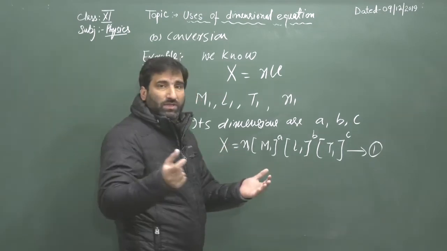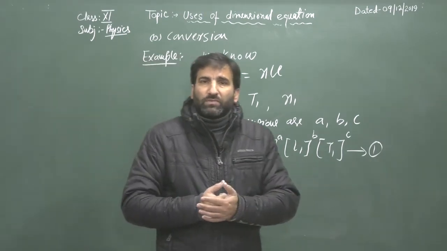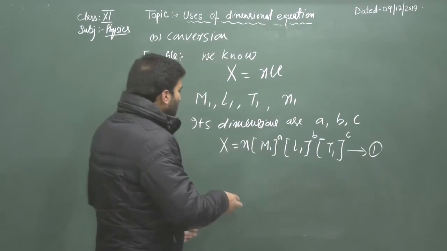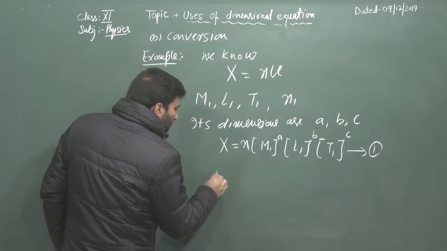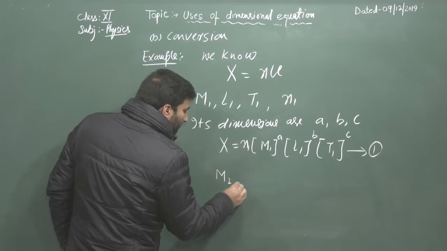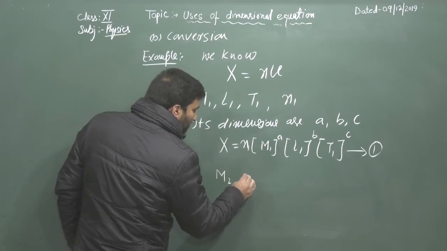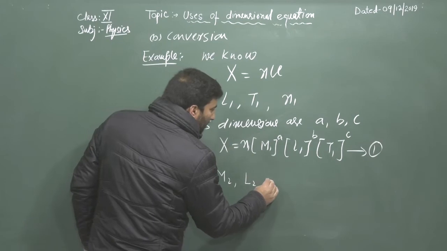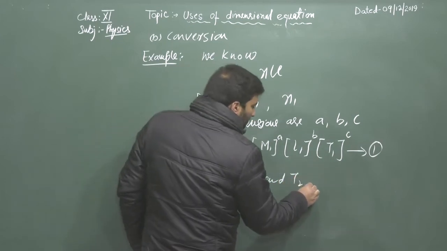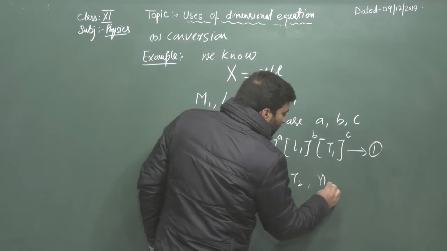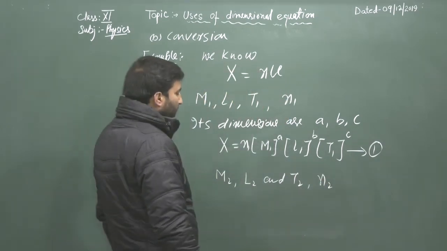Now similarly in the second unit system, let the dimension of mass be m2, the dimension of length be L2, and the dimension of time be T2. And n2 is the numerical value in it.